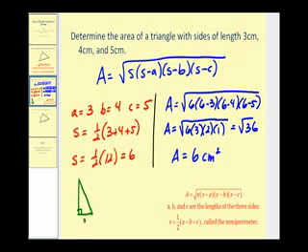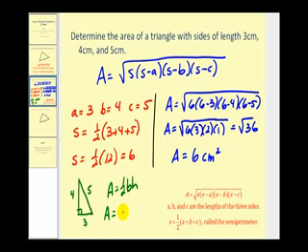Where the shortest leg would be 3, the longest side would be 5, the hypotenuse, and in this case the height would be 4. So using the traditional area formula for a triangle, area equals 1/2 base times height, we could verify the area that we found using Heron's formula.